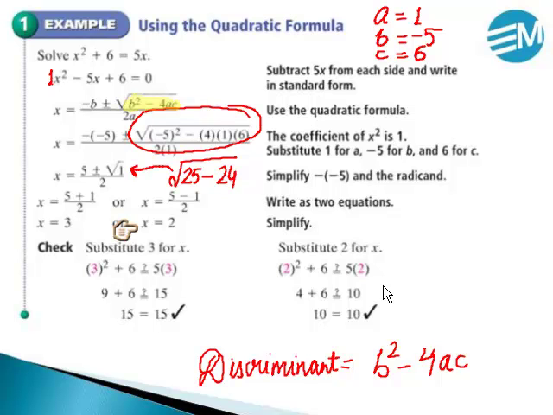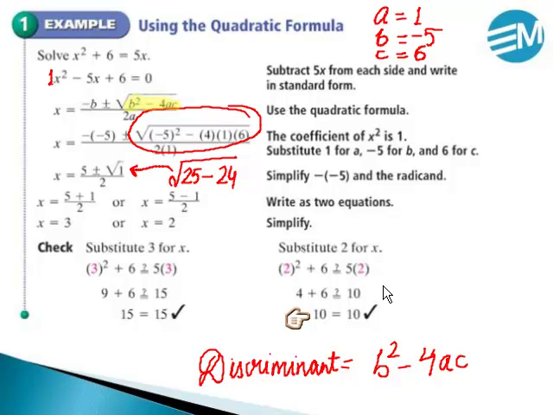If you put 3 instead of x, you will get left hand side equal to right hand side. Similarly, if you substitute 2, again you will get left hand side equal to right hand side. It's just a check to see if you are getting the correct answer or not.